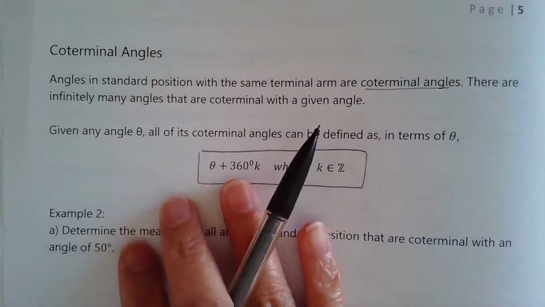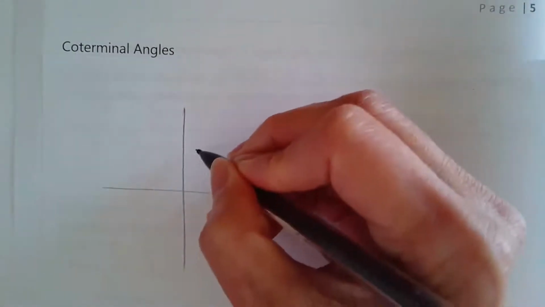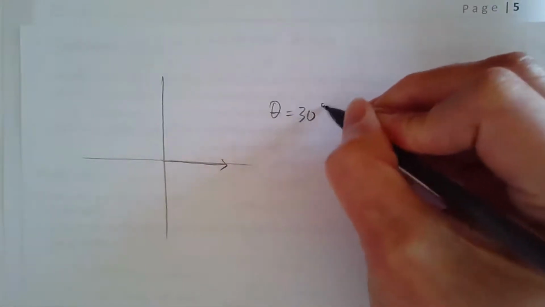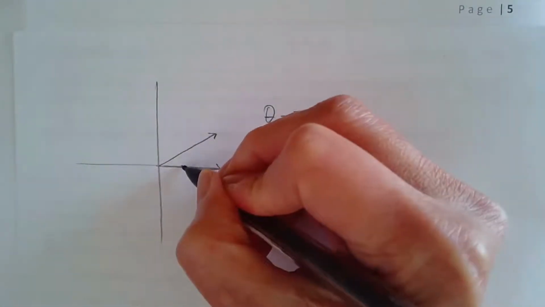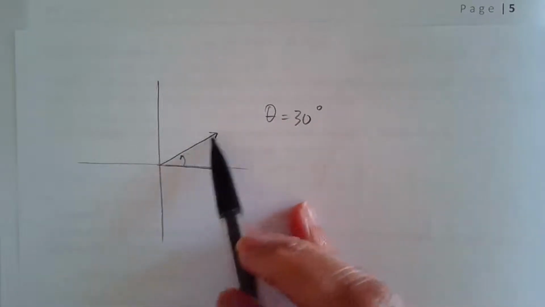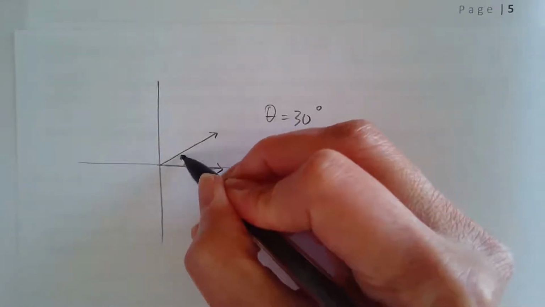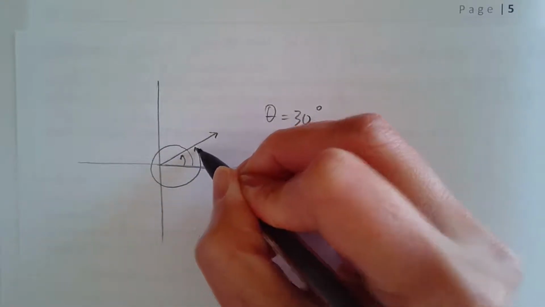Okay, so I'm just going to grab a piece of paper and talk about that for a second. I'll explain that. So this is our initial arm. Let's say theta is equal to 30 degrees, 30 degrees right there. Now, I could land on the same terminal arm if I go that way, right?